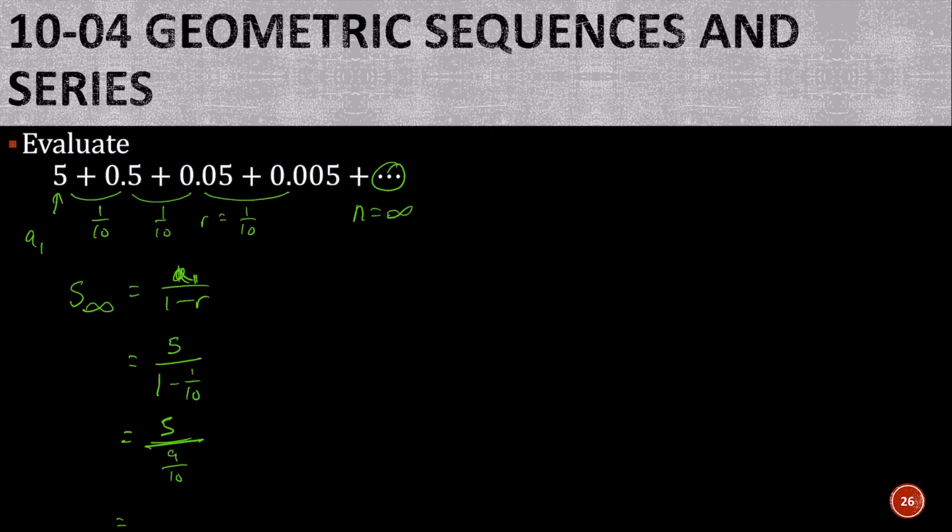So we would multiply by a reciprocal, so it would be 5 times 10 over 9, which equals 50 over 9. And that is one way you can turn repeating decimals into a fraction.